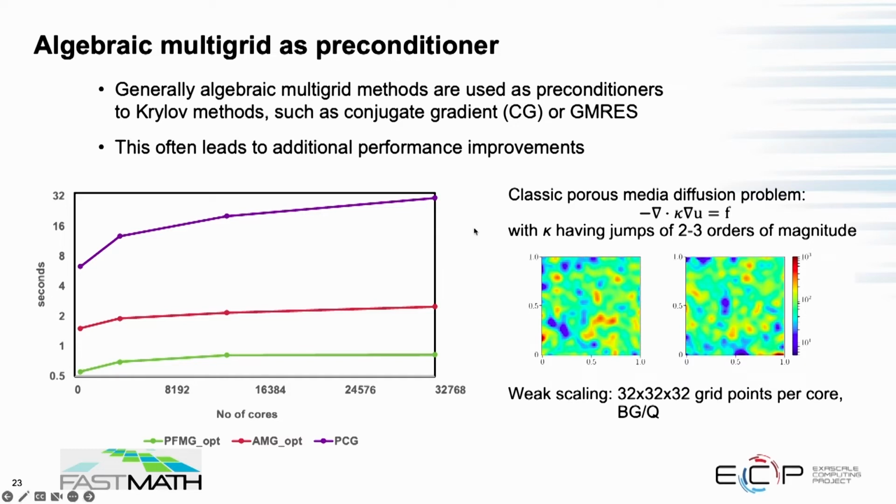We can see that by far our solve time is the smallest with PFMG, but both multigrid preconditioned methods outperform just the diagonally preconditioned conjugate gradient method. So this shows the power of multigrid as a preconditioner.